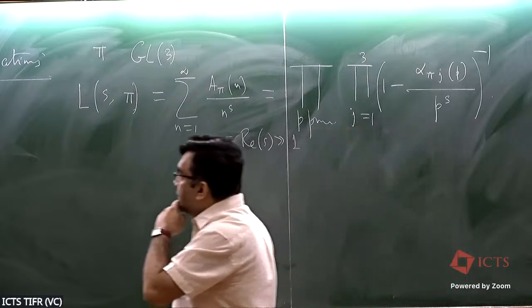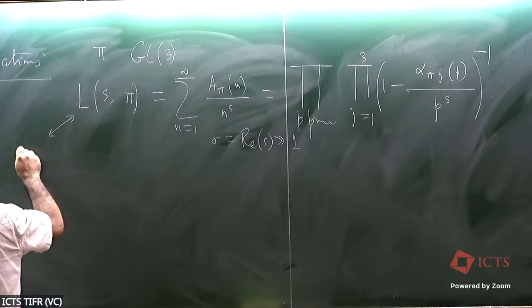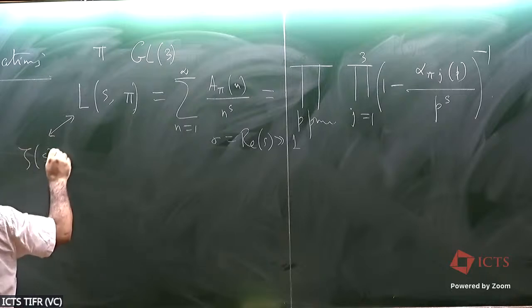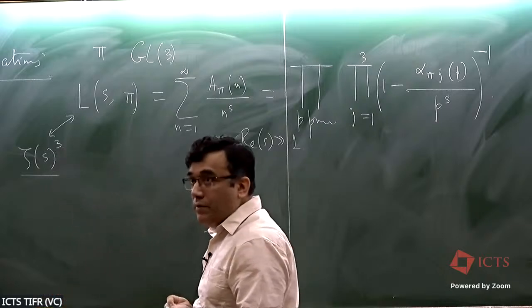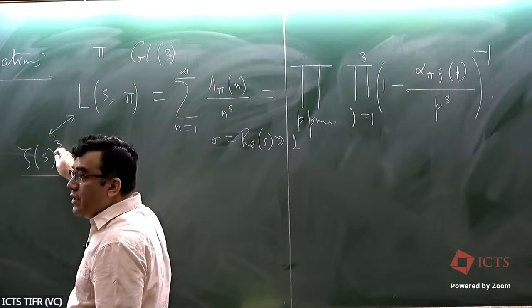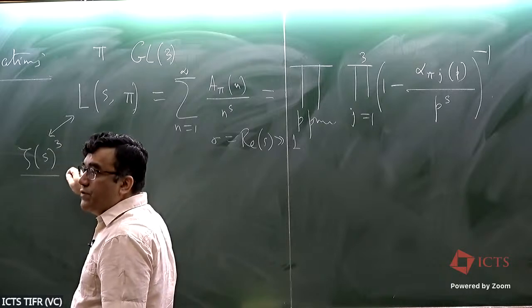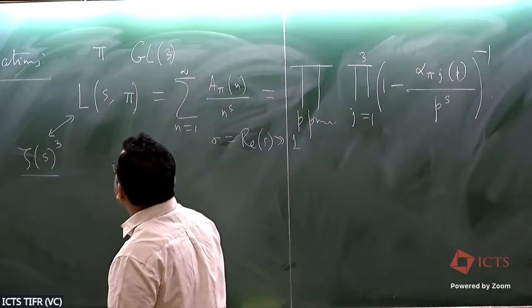If you know about the Riemann zeta function, this is the analog of the third power of zeta s. But of course, if you look at zeta s to the power 3, then you are looking at the Dirichlet coefficients d3 n, which is quite easy to analyze.